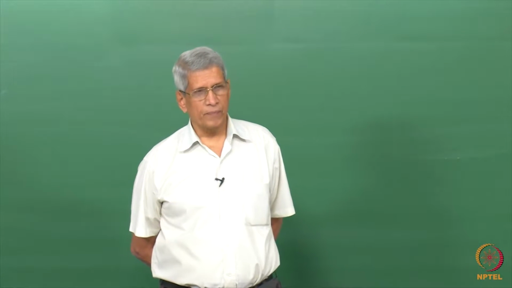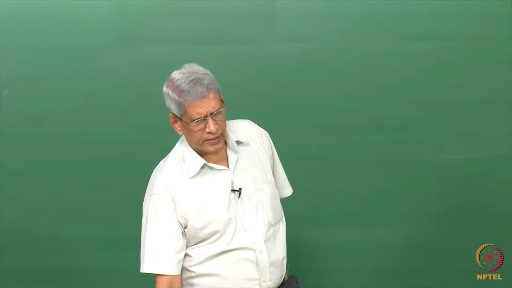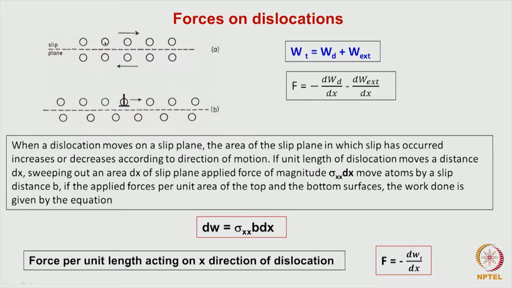That is the information which we have. Let us consider the case where no dislocation is being considered. There is a surface, one plane which we call a slip plane, over which one layer of atoms moves on top of the other. When an external stress is applied, it will be doing some work.